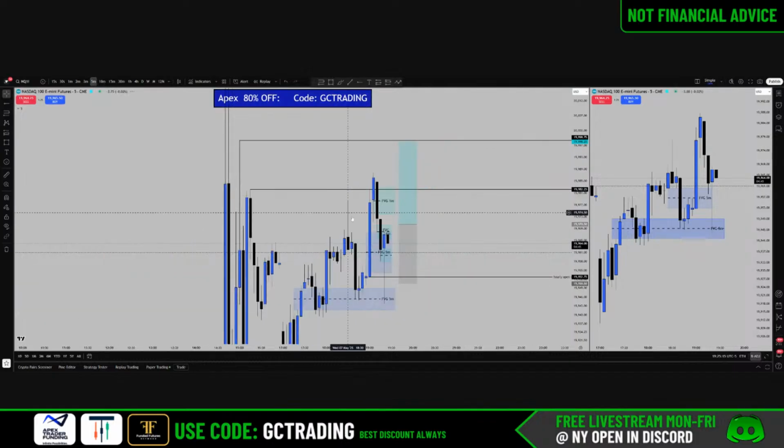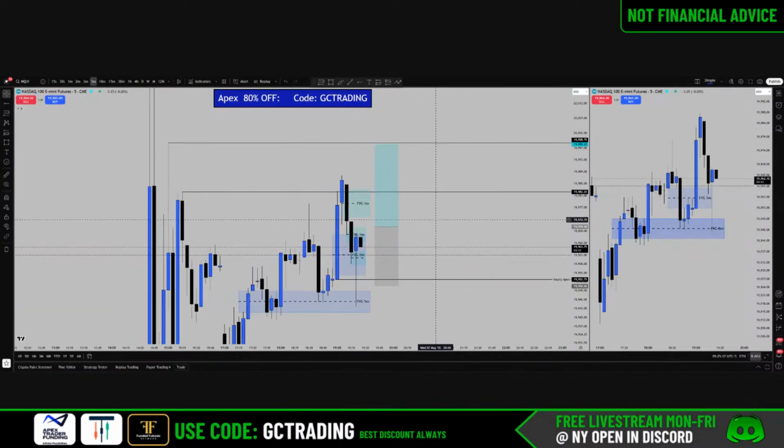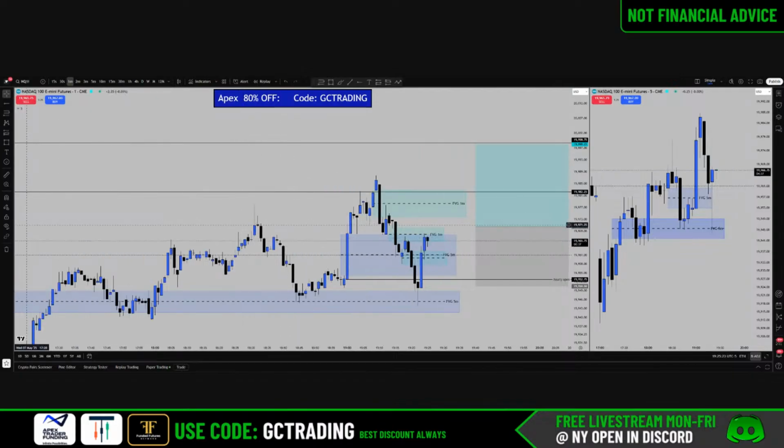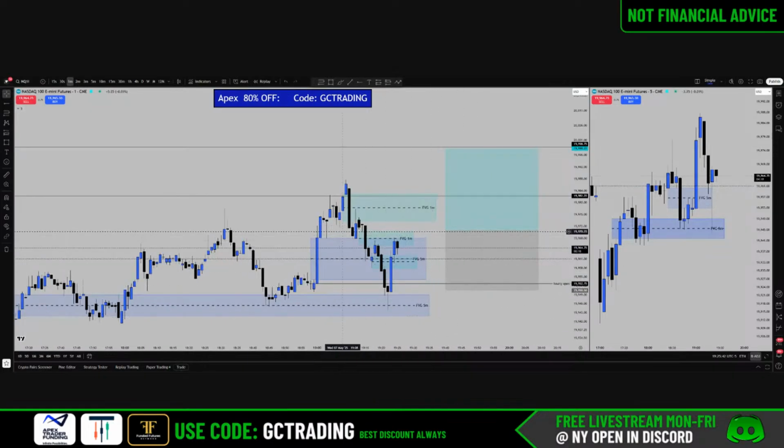So we just get that inversion. Let me check the 5 minute real quick. What we want to see here is this inverse, this 1 minute gap too, and push into this.